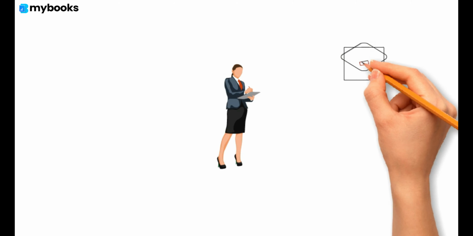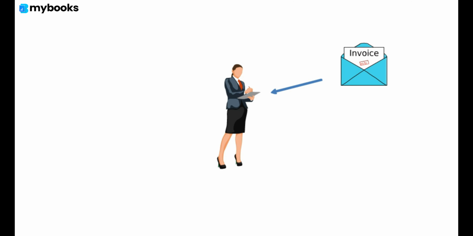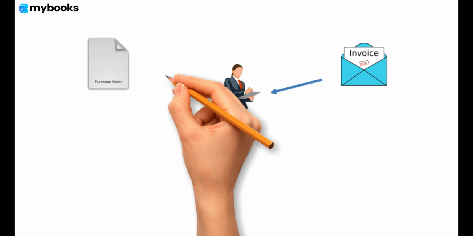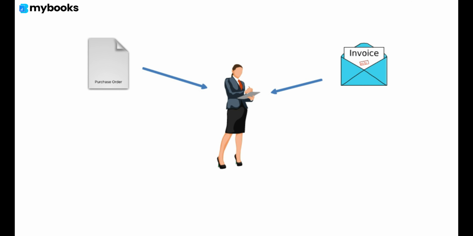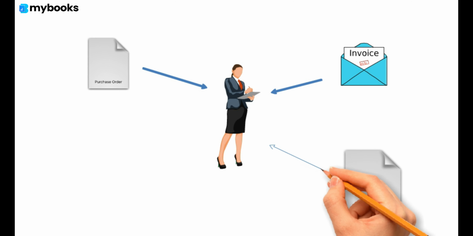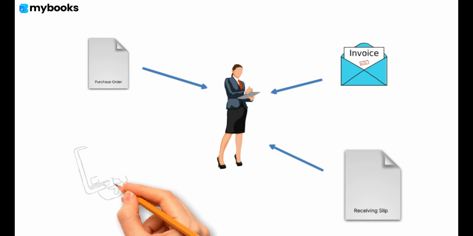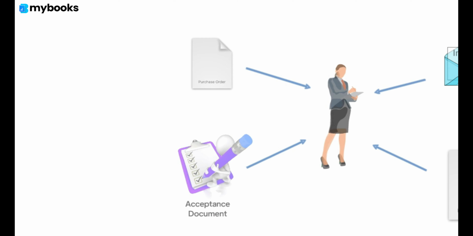Along with the invoice from the vendor, the accounts payable department will also receive a purchase order from the purchasing department, a receiving slip from the receiving department and an acceptance document from the inspection and quality department. Now, this is where the concept of two-way, three-way and four-way matching comes into the picture.